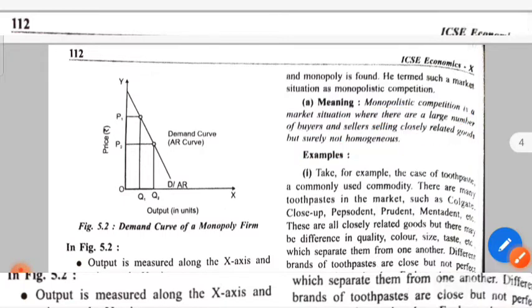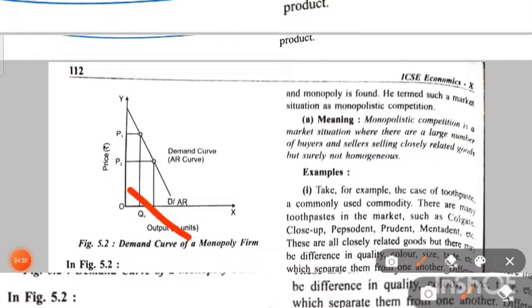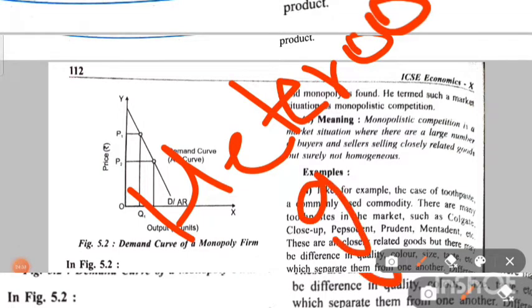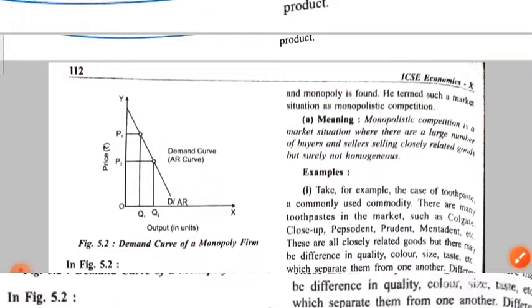You can say not homogeneous, or you can use the word heterogeneous. Don't get confused if in the board exam they ask to name the market which sells heterogeneous products. Don't say that it is not in our syllabus. Heterogeneous means different types of products.